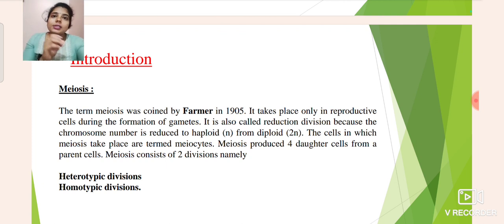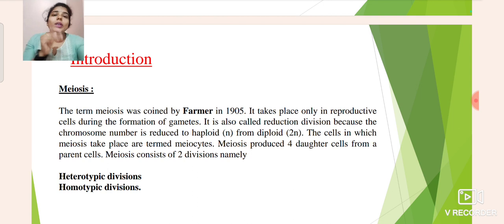And this meiosis process is called reductional division. Why is it called reductional division? It means the diploid number of chromosomes is completely reduced to the haploid number of chromosomes.